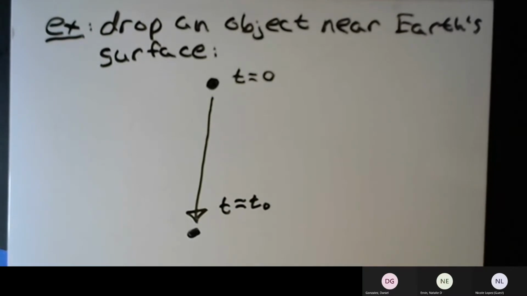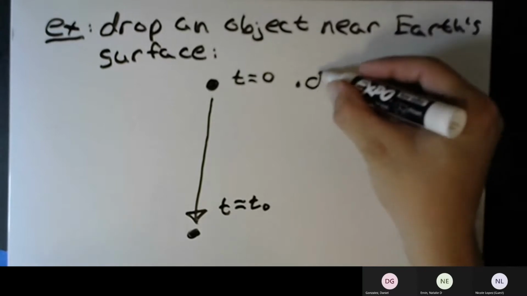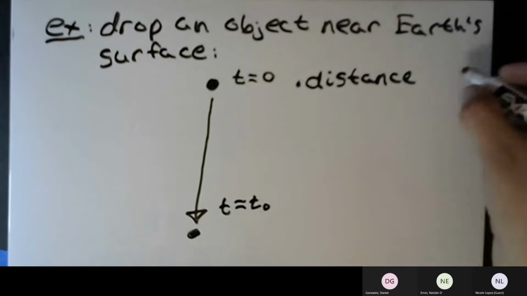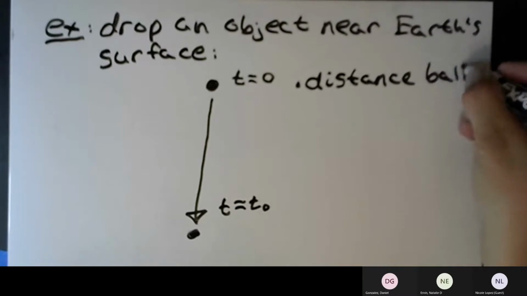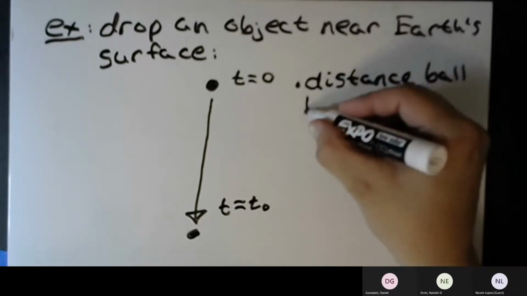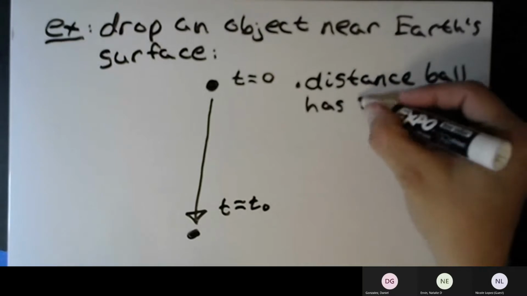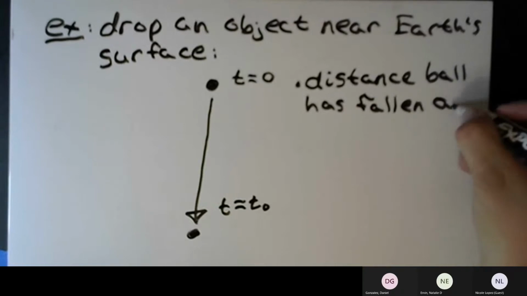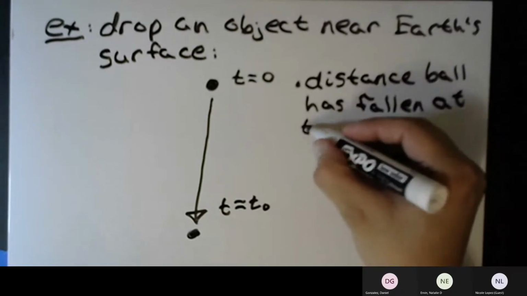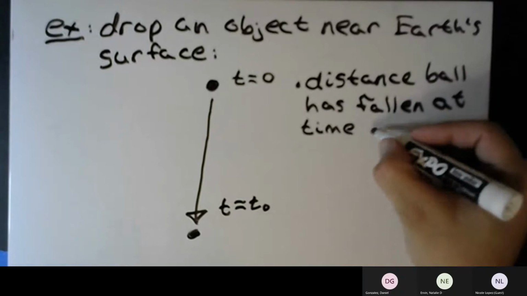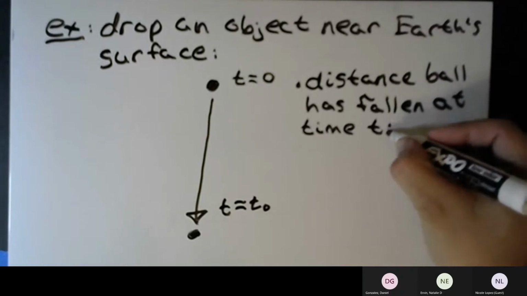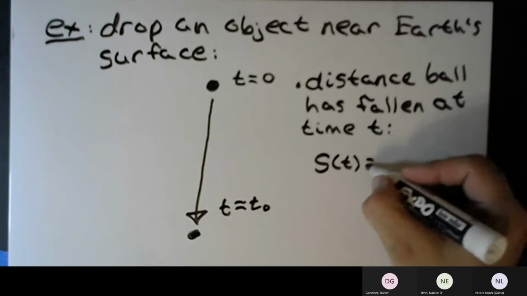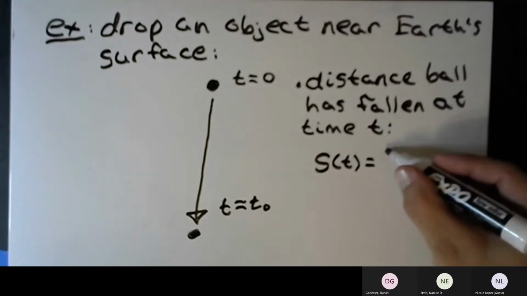The distance it falls, so the distance the ball has fallen at time t is given by, and we're going to use the metric version of this.